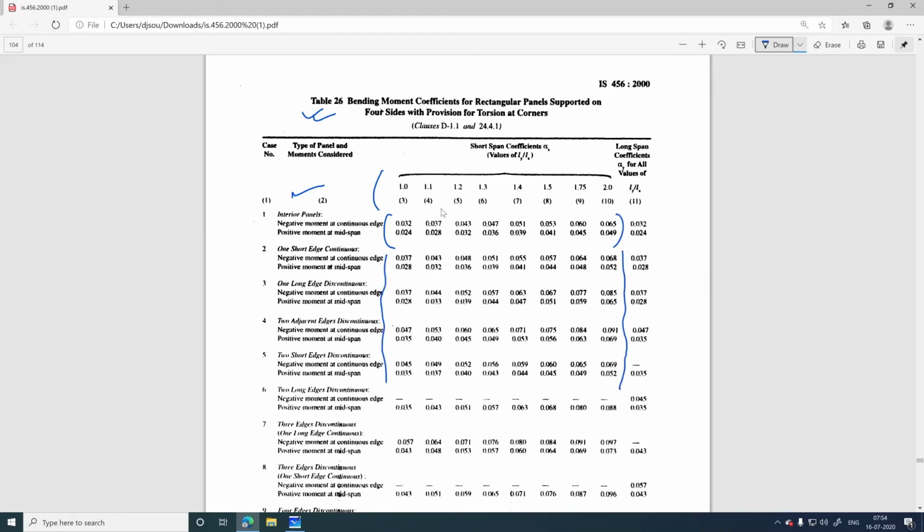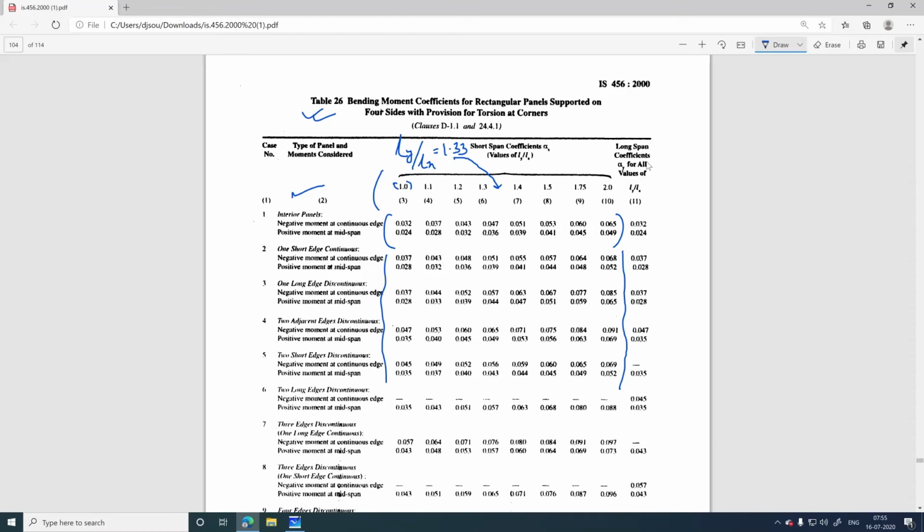Now it depends on the ratio Ly by Lx. We determined the value initially, that is 1.33, right? But here the ratios given are 1, 1.1, 1.2, 1.3, 1.4. So 1.33 lies between 1.3 and 1.4, so we need to make an interpolation, then we will get the actual value of alpha x corresponding to the ratio of 1.33.